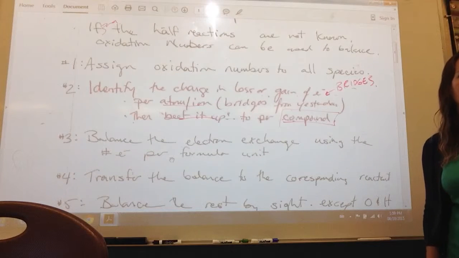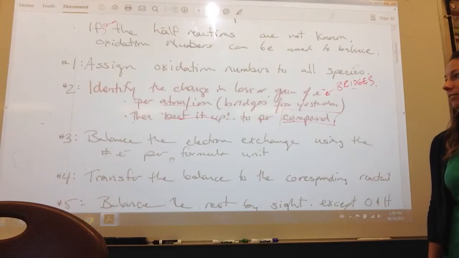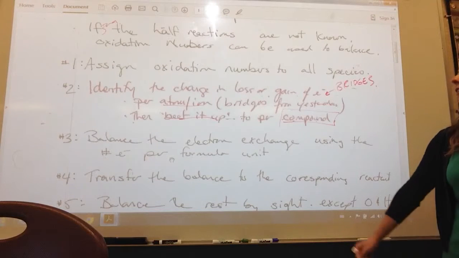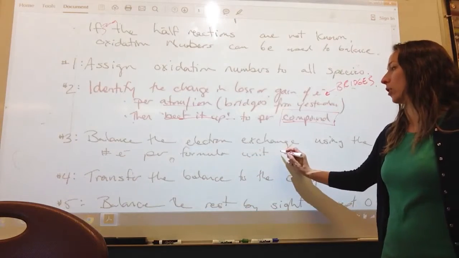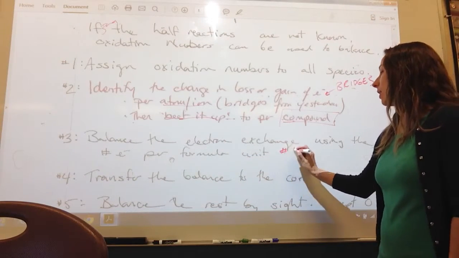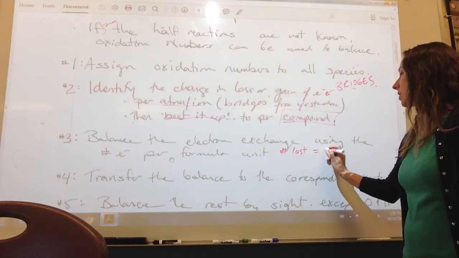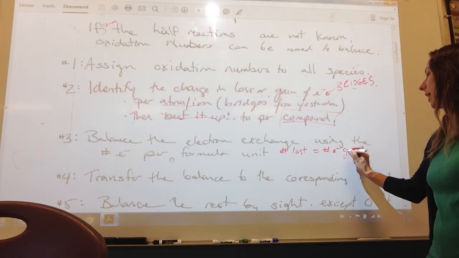Then you're going to balance the number of electrons per formula unit. What I mean by that is the number of electrons lost must equal the number of electrons gained.